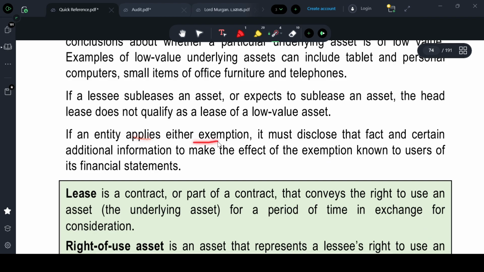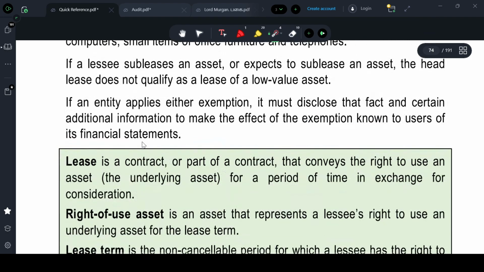If an entity applies either exemption, it must disclose that fact and certain additional information to make the effect of the exemption known to users of financial statements. So how should we say this exemption? Sir, the asset I have taken is very low in value, and I have declared it as exempt.